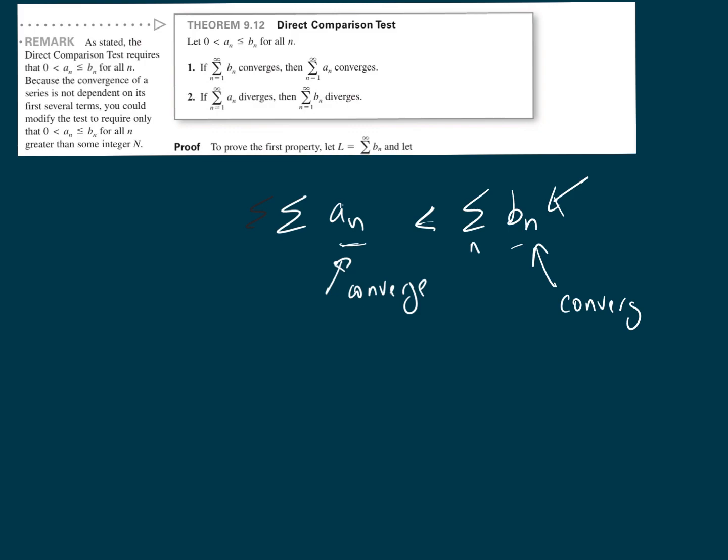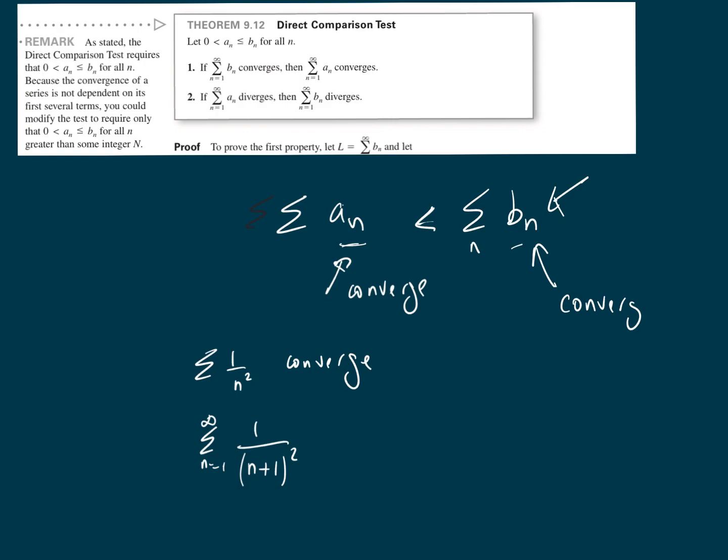I know that the series 1 divided by n squared converges. Let's find another series that is smaller than this one that converges. For example, the series summation from n equal 1 to infinity of 1 divided by (n plus 1) squared.